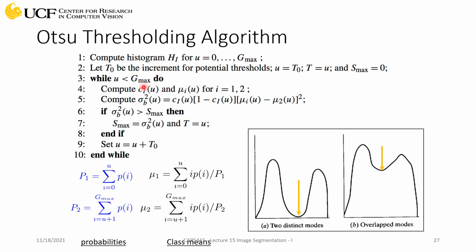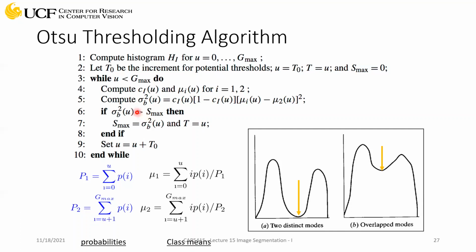And then what you do is, you compute the probabilities P1 and P2 for these two classes depending upon the value of u. All right, and then you just compute that interclass variance for that particular value of u. You know the formula, and you keep a value.